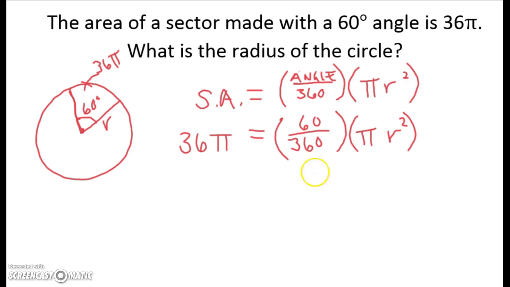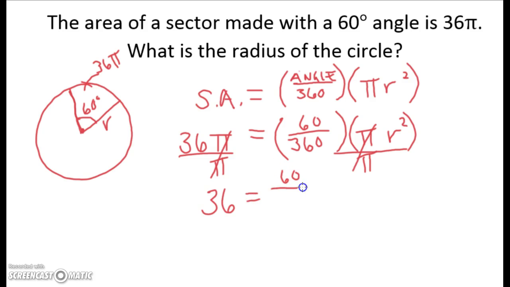If you have a pi on both sides of your equation, you can cancel those pi's out. It'd be like dividing by pi on both sides. So I'm left with 36 is equal to 60 over 360 times my radius squared.